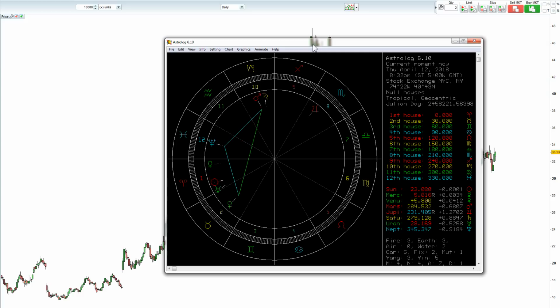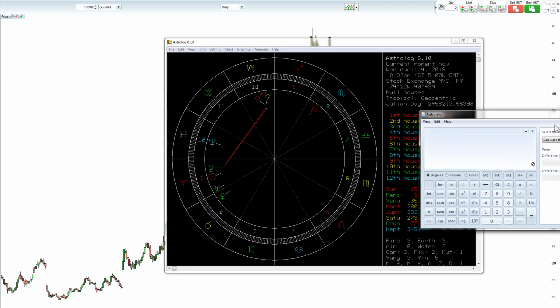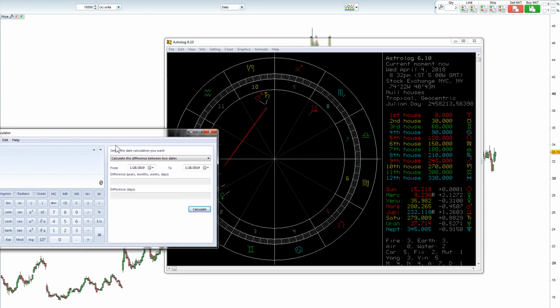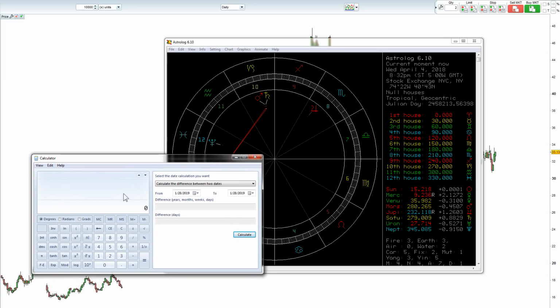And if I go forward, I see that this is, let me find out which degree exactly it was at. Let's see, let me get the calculator out here. Okay, so Mercury is at 360 plus 9.2 equals 369.2.